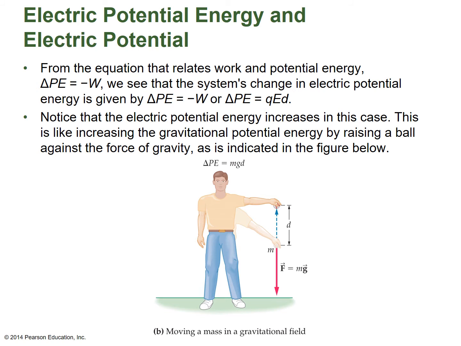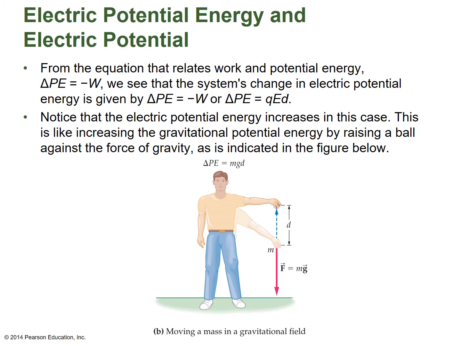We see that the system, which consists of a charge and an electric field, stores a potential energy of delta PE, which is equal to the negative of the work. So the stored electric potential energy is equal to Q times E times d.